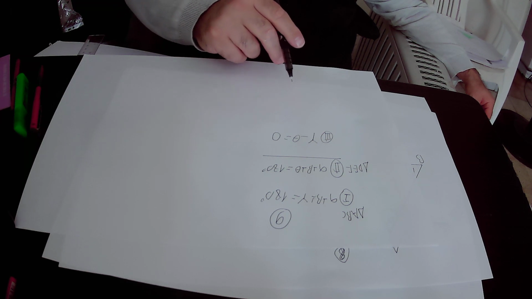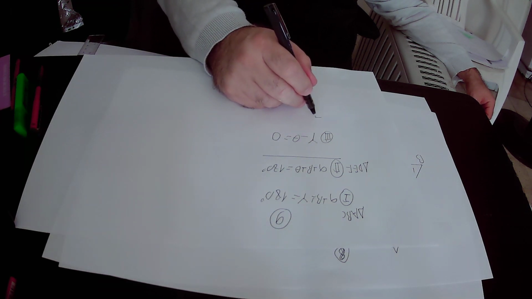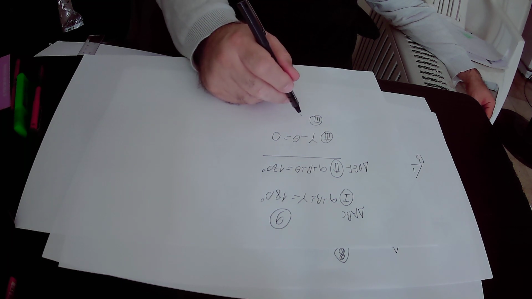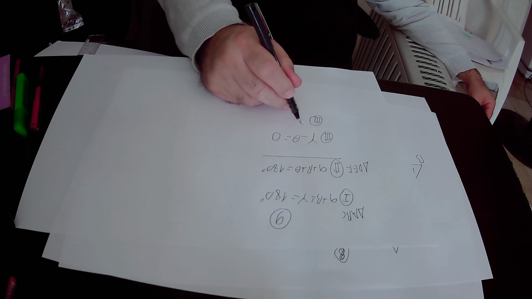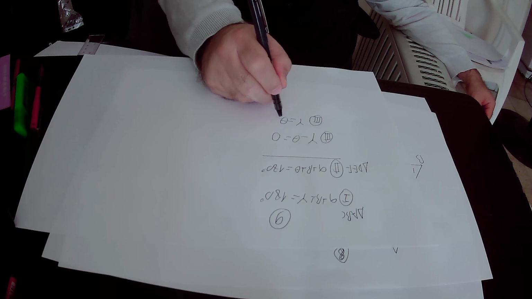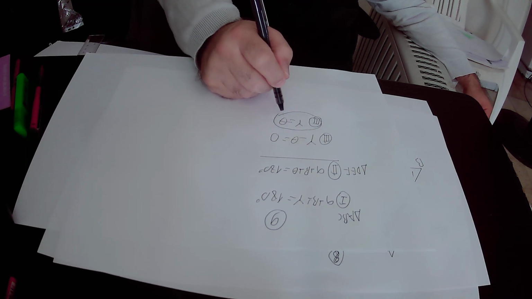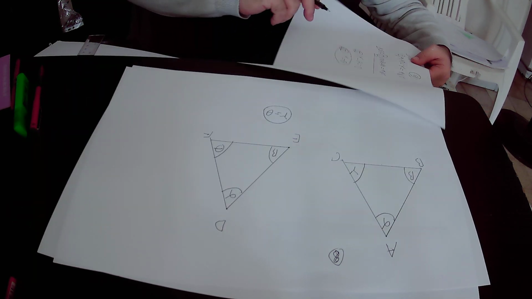Here we will add theta to equation number 3, and we will arrive at the equality that gamma equals theta. So we found out that gamma equals theta.